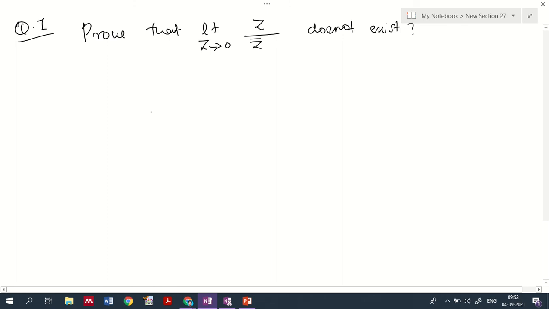I will check the limit z tends to z0 of z by z bar.